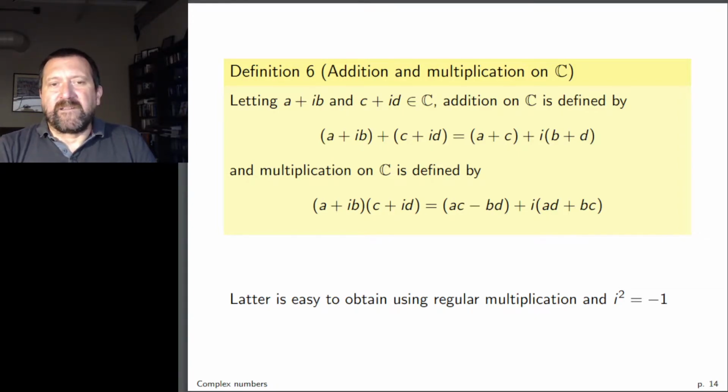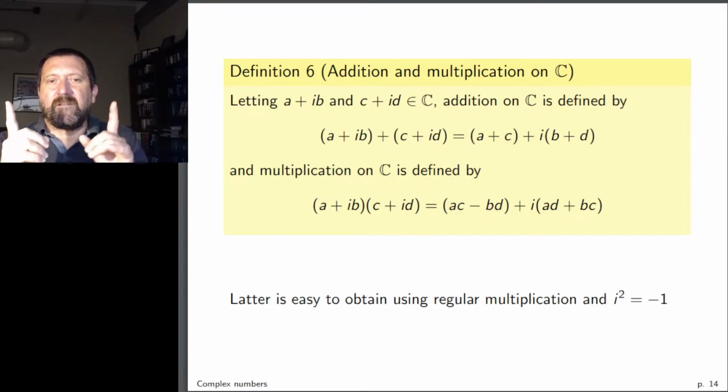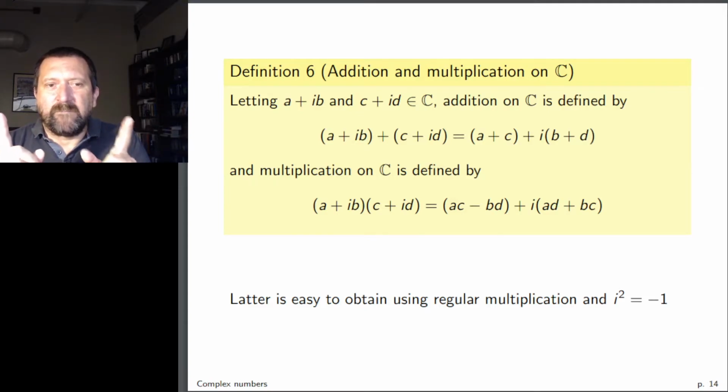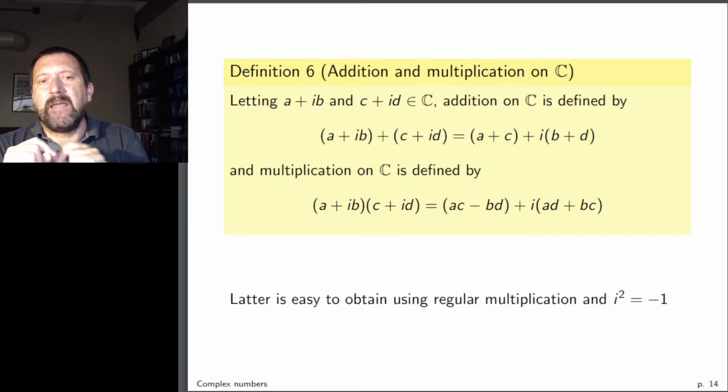And the multiplication works a bit the same way. It looks complicated, but it's very easy to do this computation by hand if you realize that once you take that double product, iB times iD is i squared BD, and i squared is equal to -1.